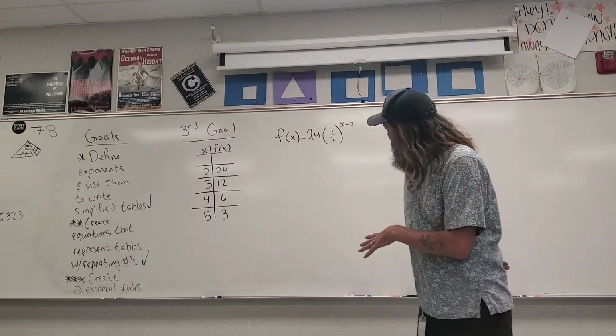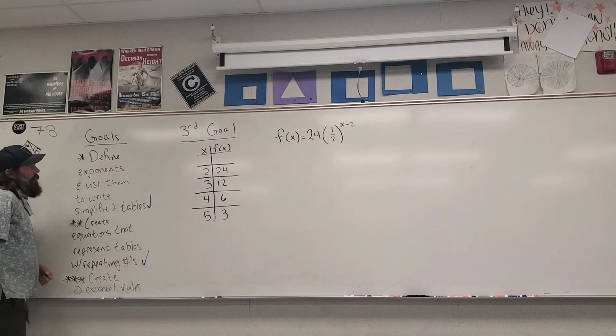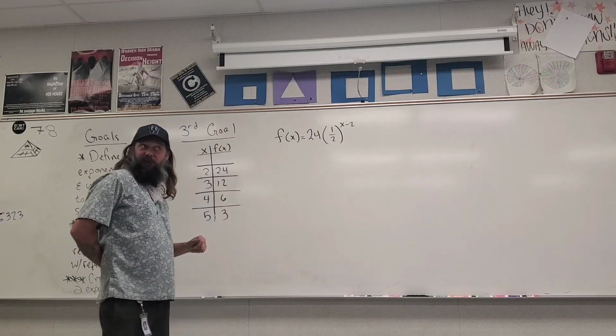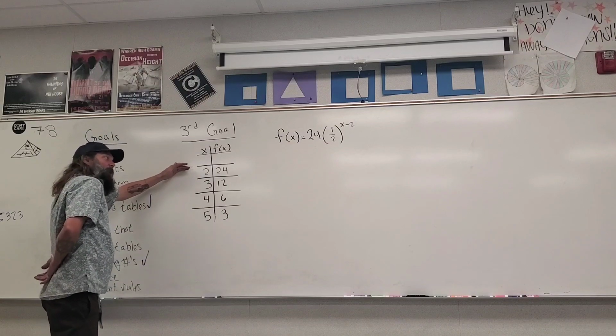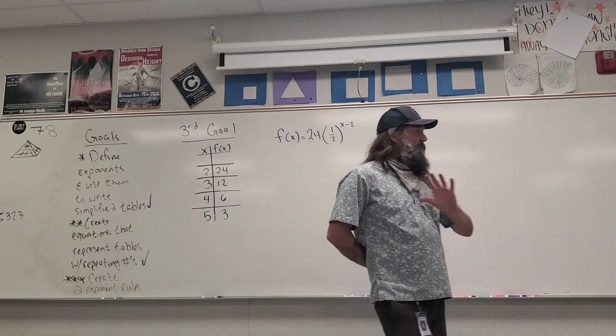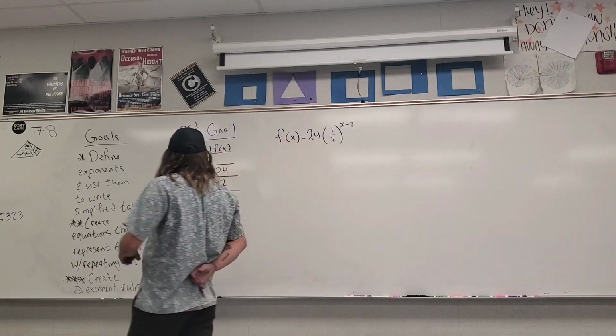All right, we're moving on to our third goal here, and that's to create 2 exponent rules. So I'm going to use the last example. We already know that this table created this equation that works. But what I did with this table is I added a new row.